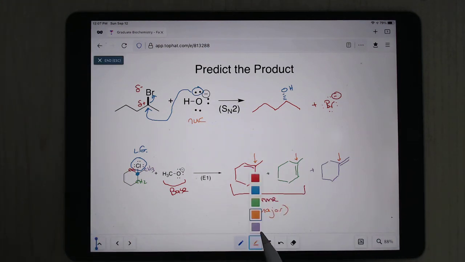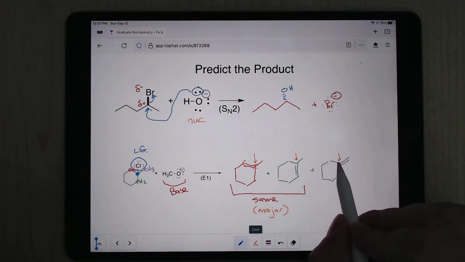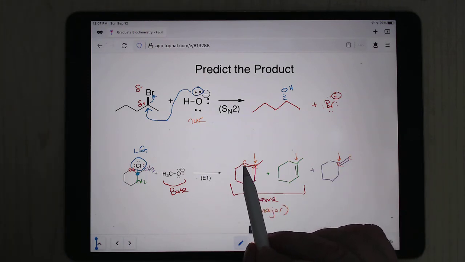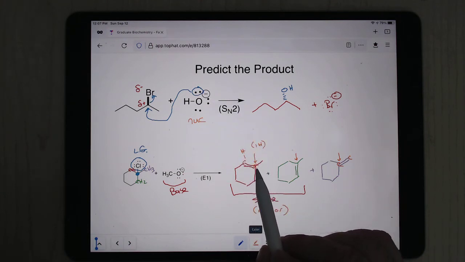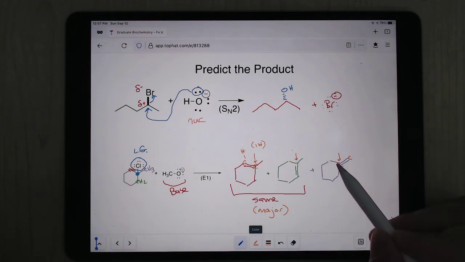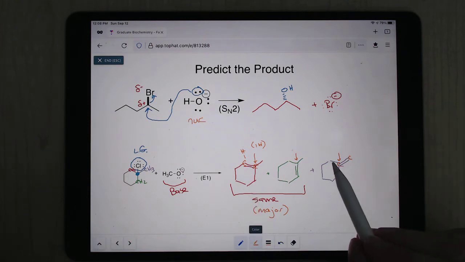Because what you're going to want to do is look to see how many hydrogens are directly on these carbon-carbon bonds. For this one, there's 3 bonds shown, so there's 1 H. There's none here, because all 4 bonds are shown. For here, there's no hydrogens, because all 4 bonds are shown.